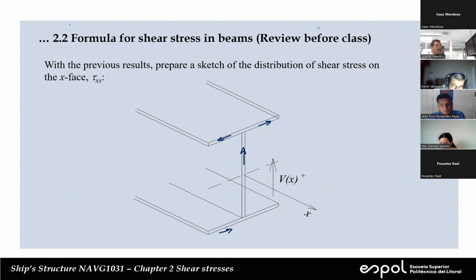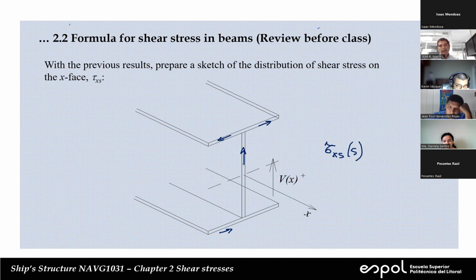What we can do, we can complete this distribution of tau. Okay, so this is tau XS as a function of s. So if we make a cut at the neutral axis, the value of large Q is going to be the largest.